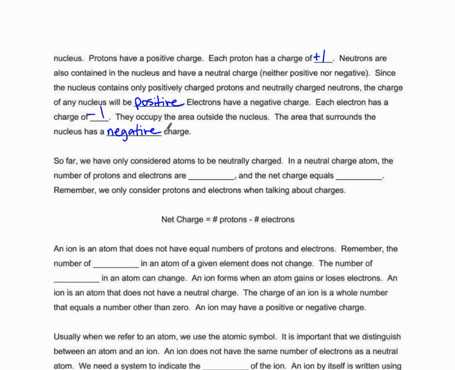So far, we've only considered atoms to be neutrally charged. In a neutrally charged atom, the number of protons and electrons are equal, and the net charge is always neutral. It equals 0. Remember, it's only protons and electrons when we talk about charges.